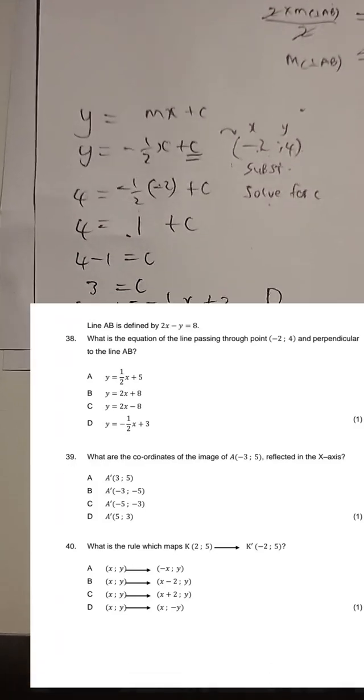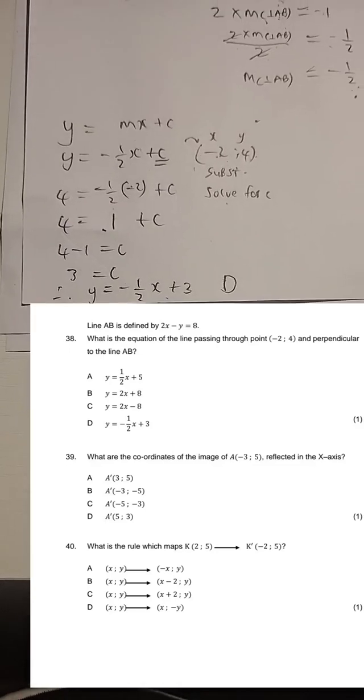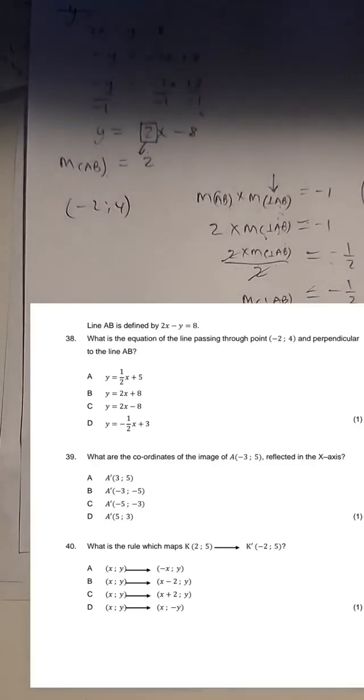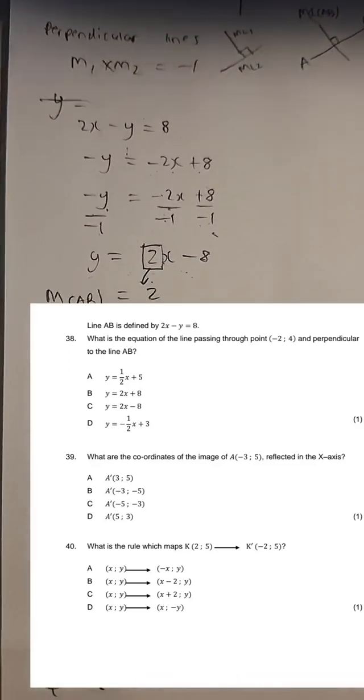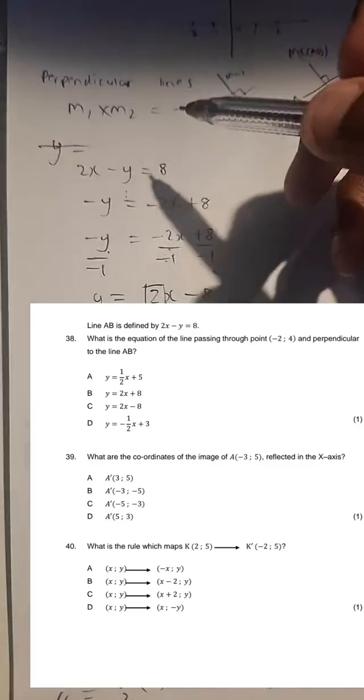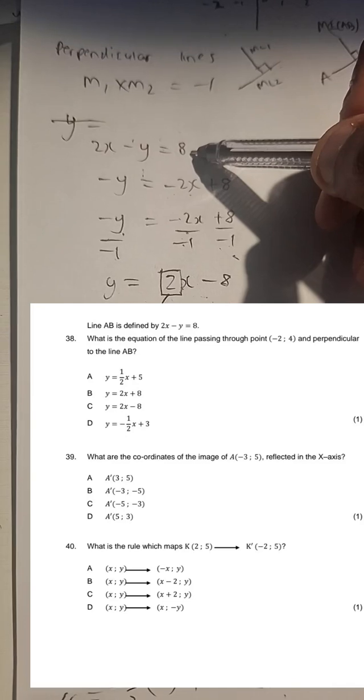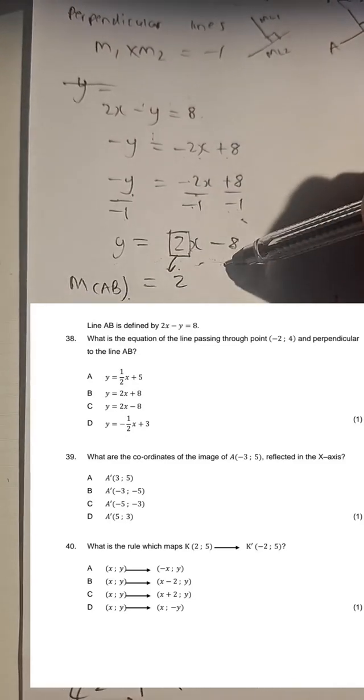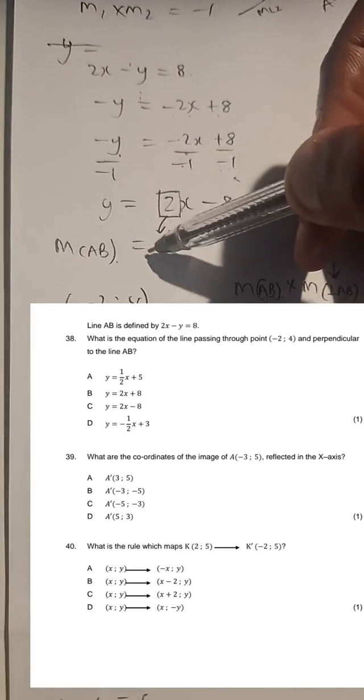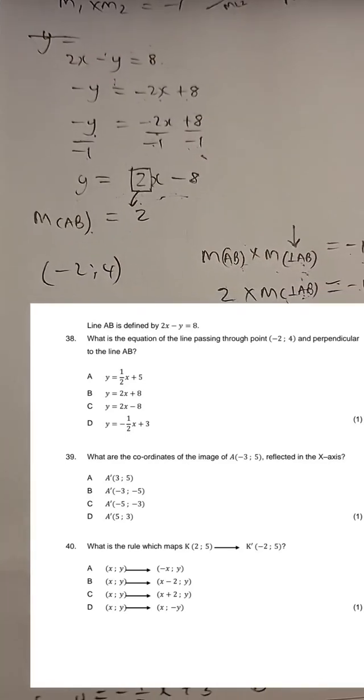That was nice and straightforward, guys. This is how you do questions that have to do with finding the equation of a line perpendicular to another. You must first write the given line equation in standard form. Then identify the gradient.